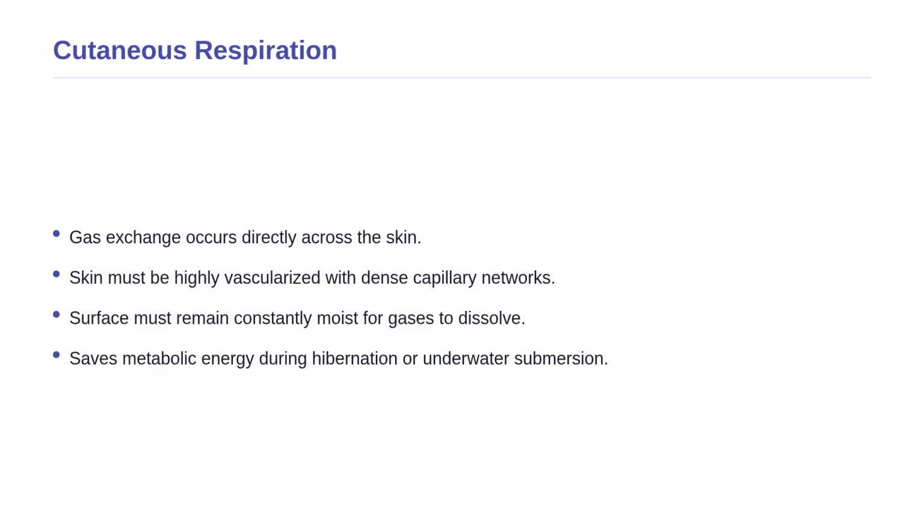Crucially, the skin must stay moist because gases cannot diffuse across dry cells. They must dissolve in water first. This is why amphibians live in damp environments. While this method saves massive amounts of energy because the animal does not have to actively pump its lungs, it is strictly limited by the size of the animal's body.